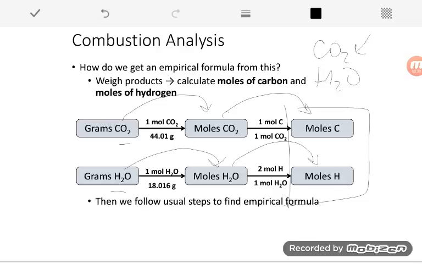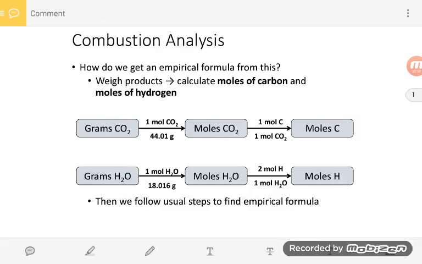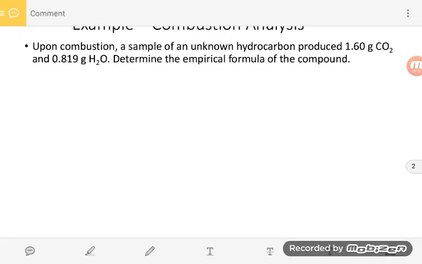We did this in our composition of compounds section, where we learned to relate a particular element to a particular compound, and we're just going to do that again here. The good news is for combustion analysis, these steps are always exactly the same. The only thing that's different is exactly how many grams you start with. After you end up with your moles, you follow the same steps as before. We write a pseudo formula, we divide our subscripts by the smallest number. So let's look at an example.